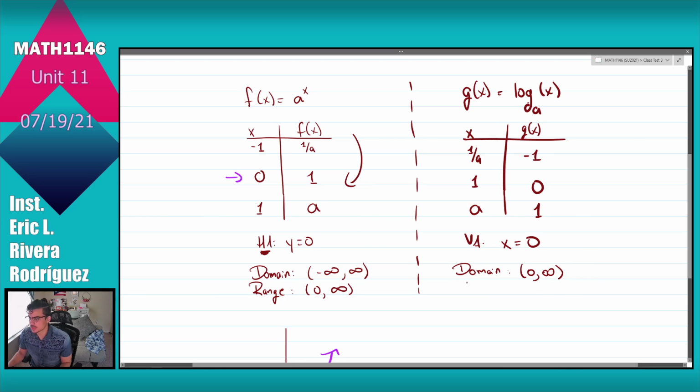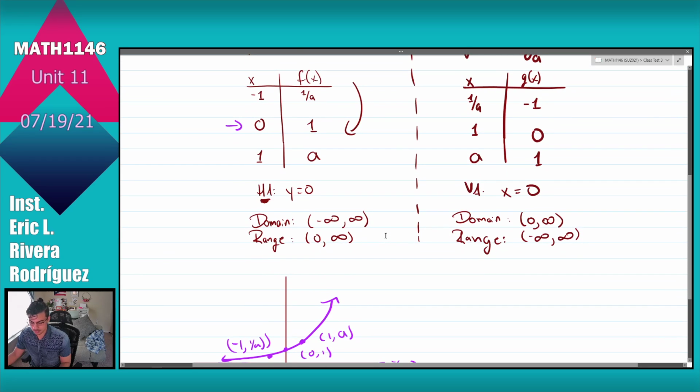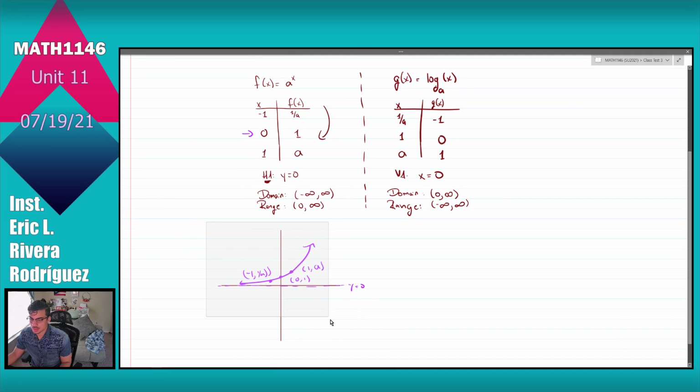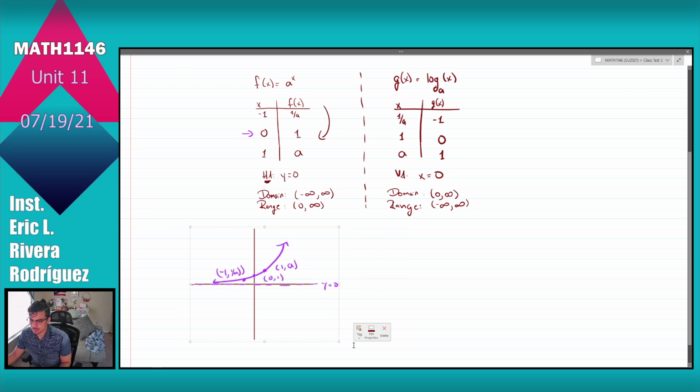And the range, then it will be all real numbers. All right, so let me try something here. Let me copy and paste this.